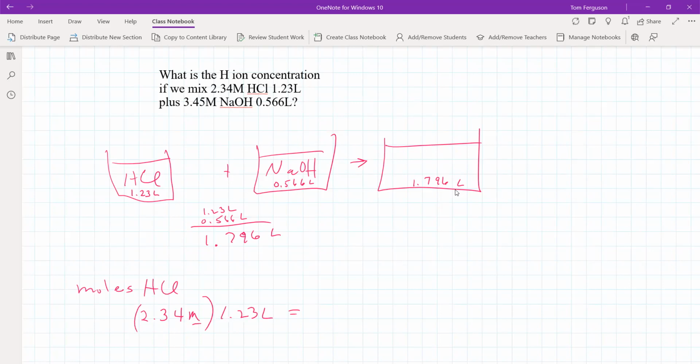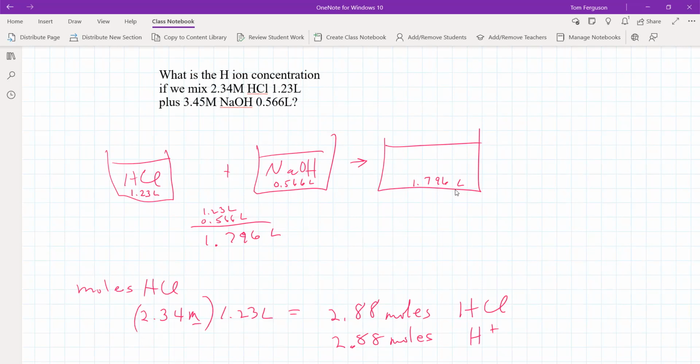Okay, remember, concentration times volume equals moles. Okay, so we have 2.88 moles of HCl and 2.88 moles of H plus.